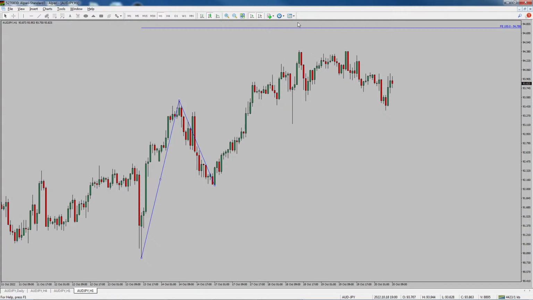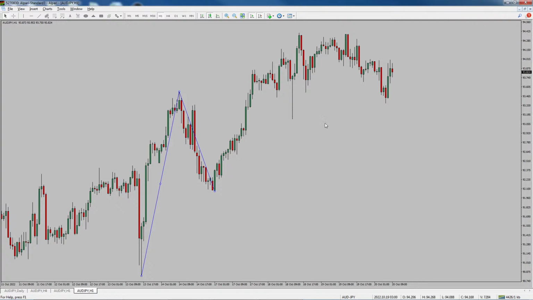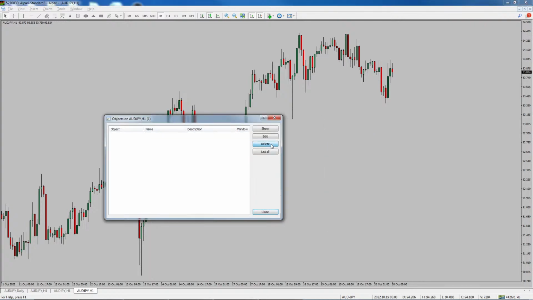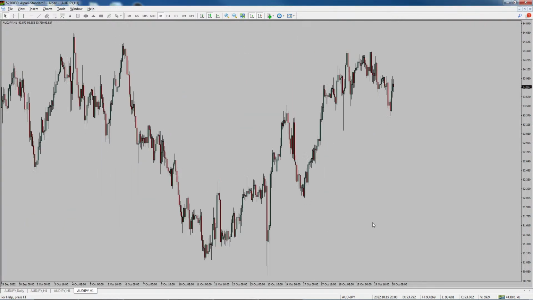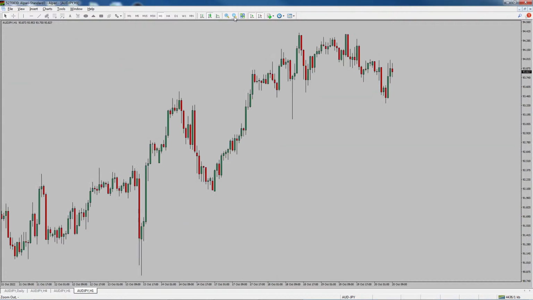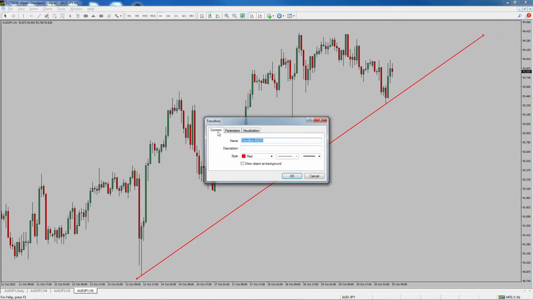I think price could still go up. It looks quite possible. So I'm going to assume that it is still an uptrend.